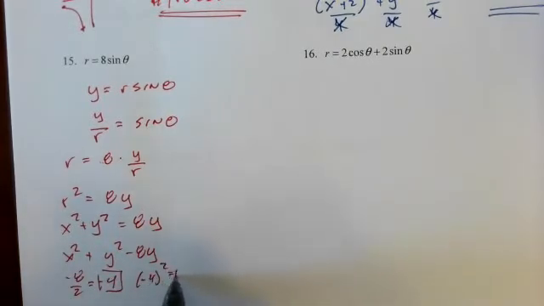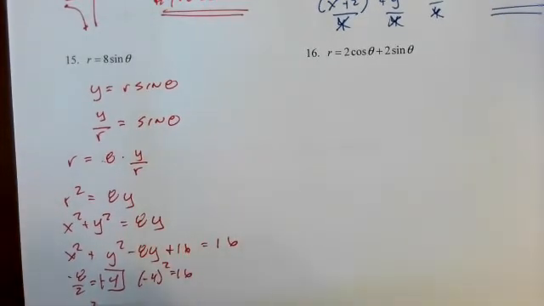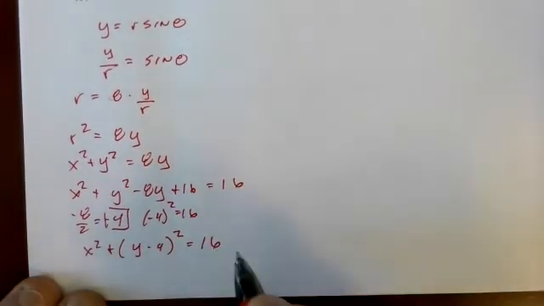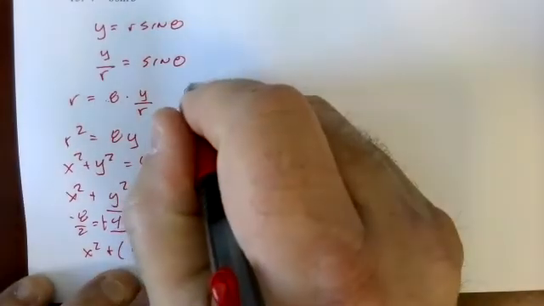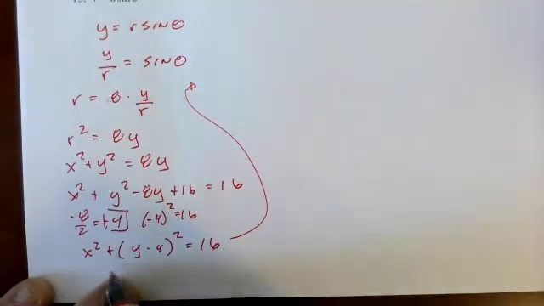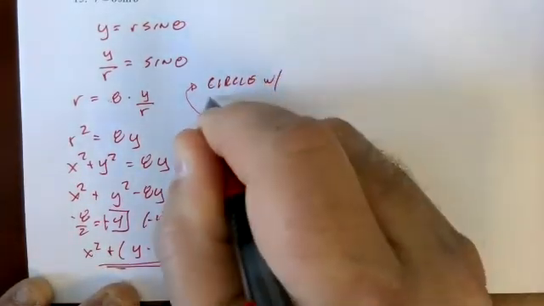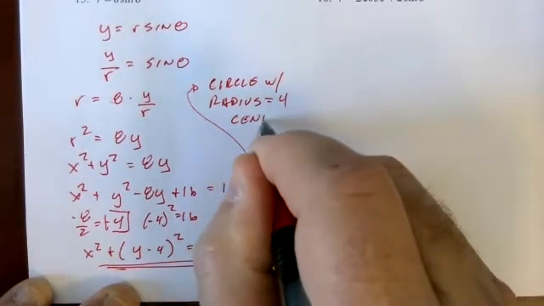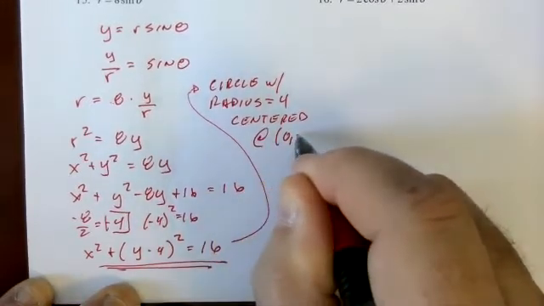Negative 4 squared equals 16. Plus 16 equals 16. x squared plus y minus 4 squared equals 16. Done. Circle with radius equals 4, centered at 0, 4.